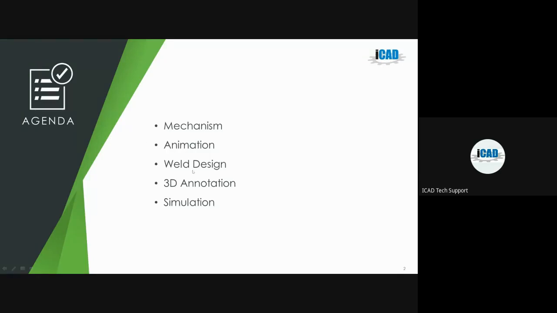Next one is the weld design. Weld design is also important in manufacturing. In weld design there are lots of types: fillet weld, spot weld, and butt weld types are available, and what type of welding we are giving. While creating the fabrication drawings, at that time we need to define those welding symbols.